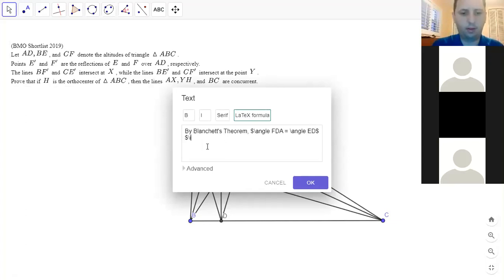And that implies D, E, and F prime are collinear. Hold on just a sec, I'll explain it. And so are D, E prime, and F.